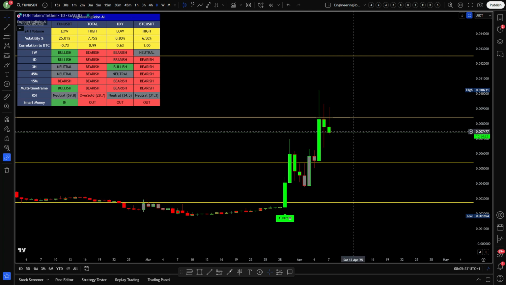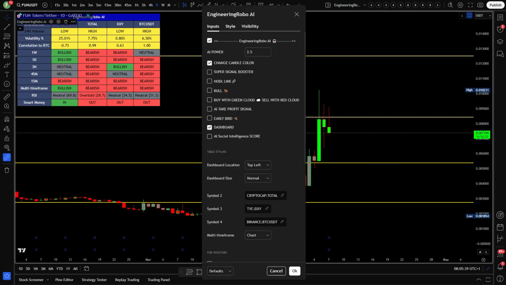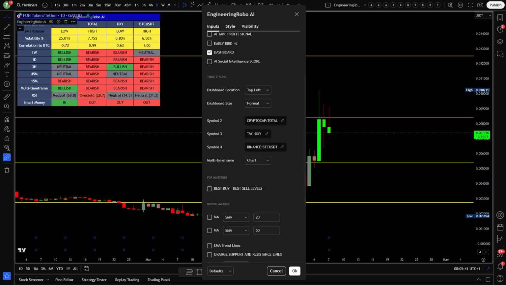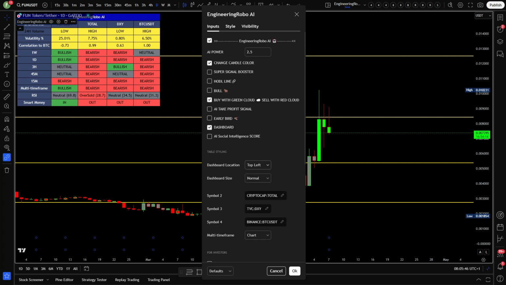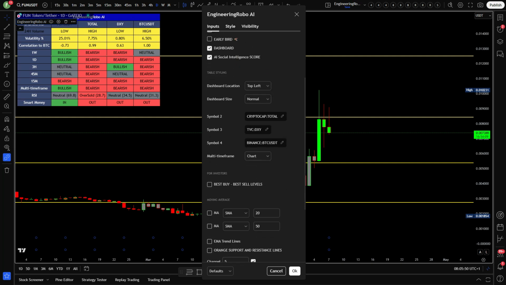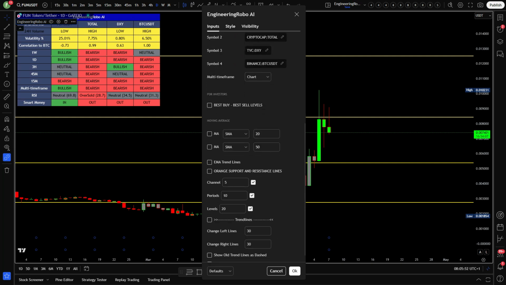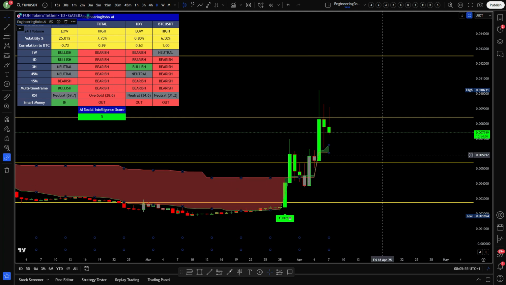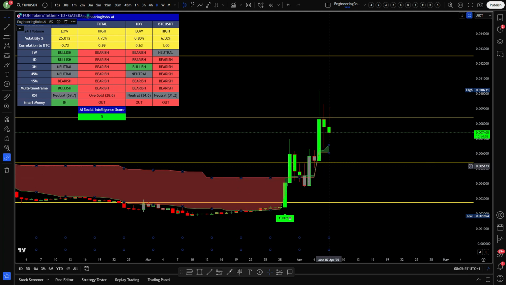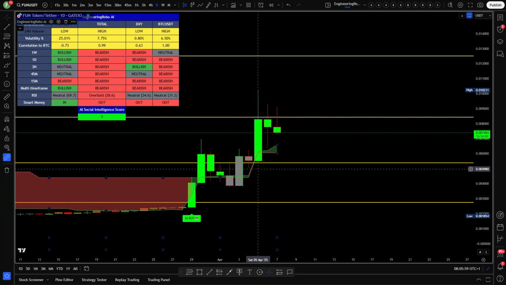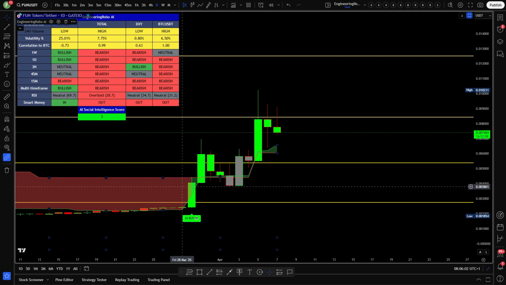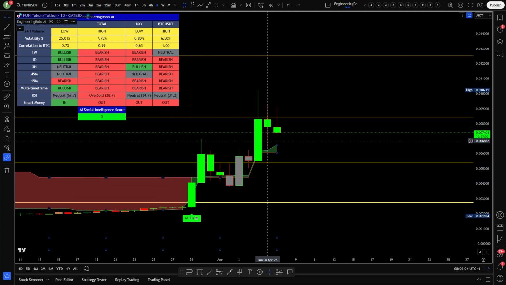So what I actually want to now bring in is the cloud. I suspect that is still bullish, and I also want to bring in the intelligence score, and I'll switch on the orange support resistance line in a minute. So we can see that on the daily time frame, the cloud has pivoted from red straight into green.